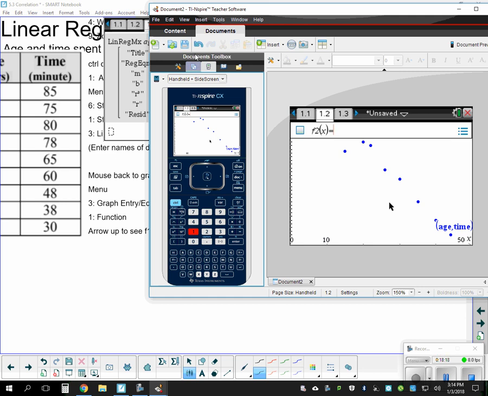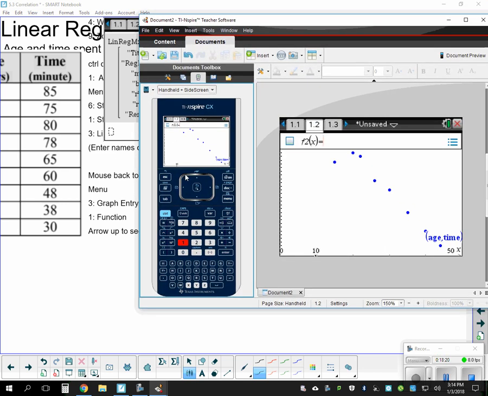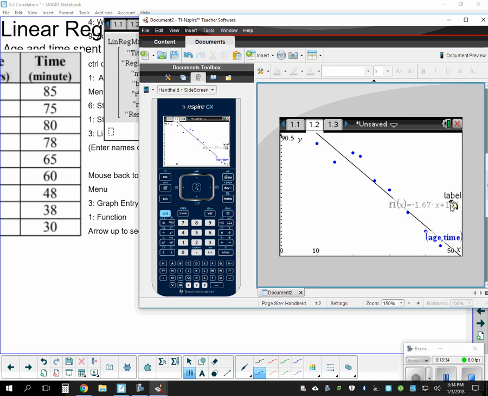So we have to arrow up to see F1. And if you look at what's in there, that's our regression equation. That's our line of best fit. If you press enter at this point, it's going to take that line and graph it. So now your line of best fit is on here, and it also takes that equation and writes it on your graph. You can mouse around and get it and move it if you can't see all of it. Sometimes it's pretty far off the screen.